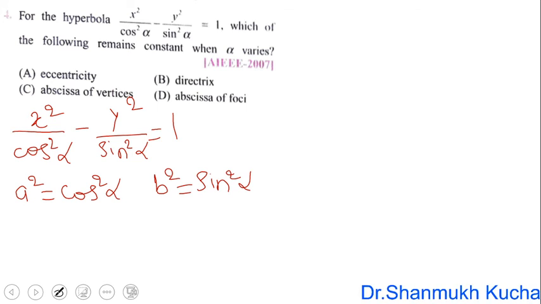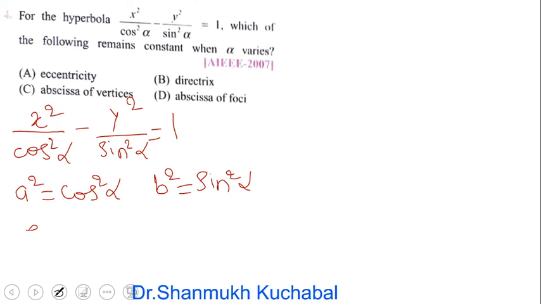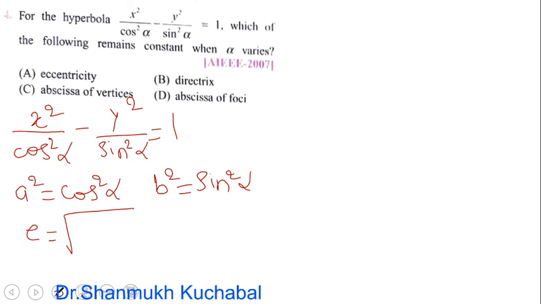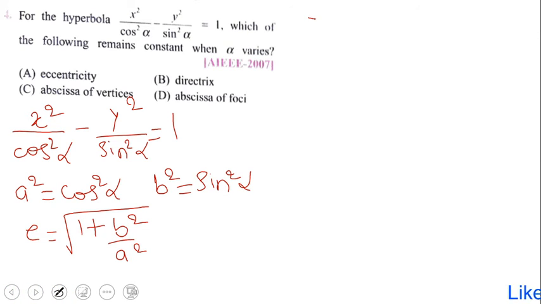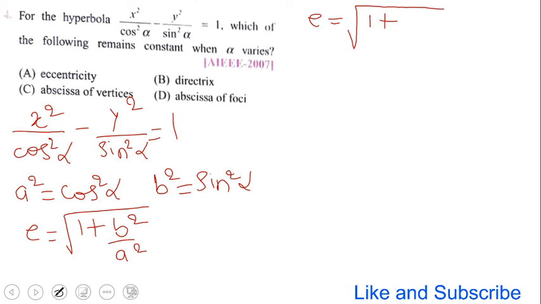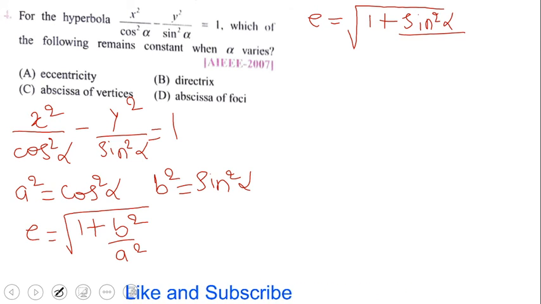Using this relation we have to calculate e, where e represents eccentricity. So let us begin. e equals under the square root of 1 plus b square divided by a square. Substitute all these values. So we get e equal to under the square root of 1 plus sin square alpha divided by cos square alpha.